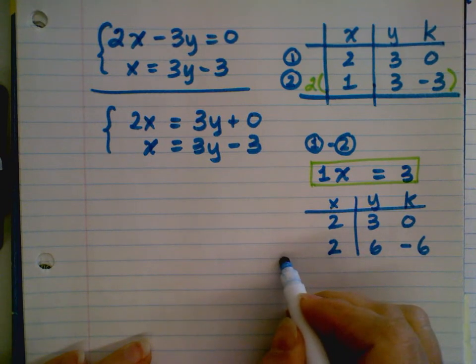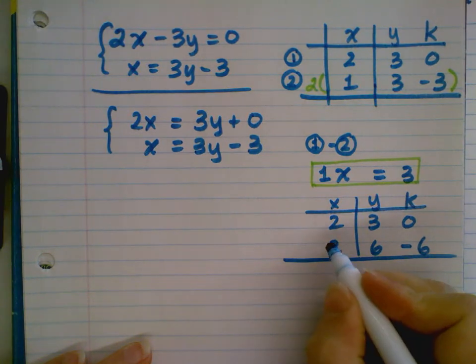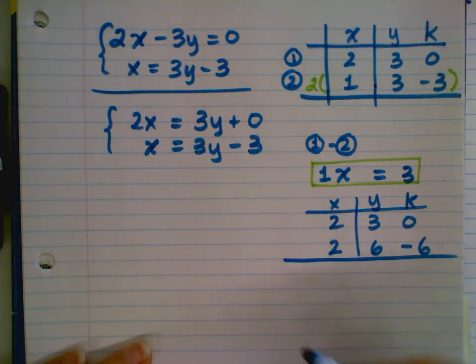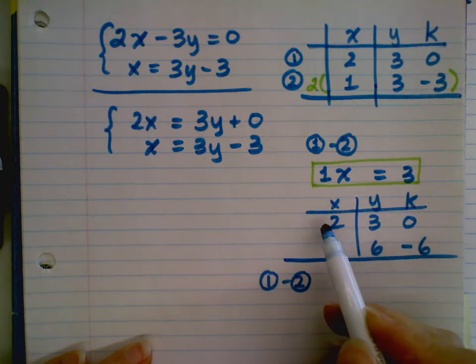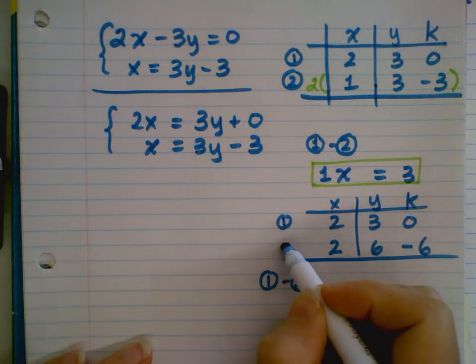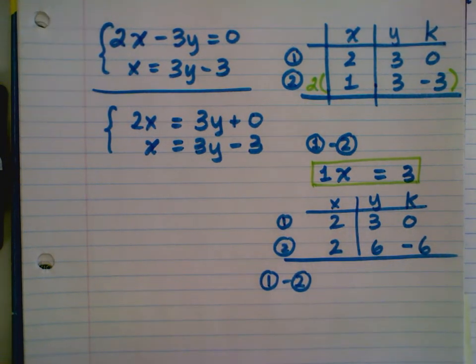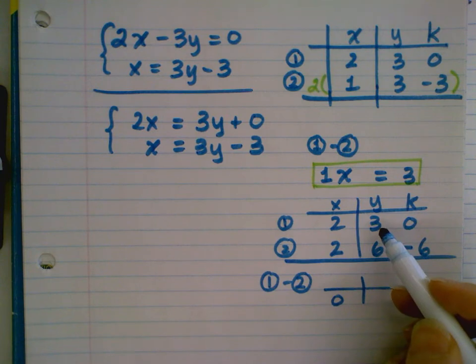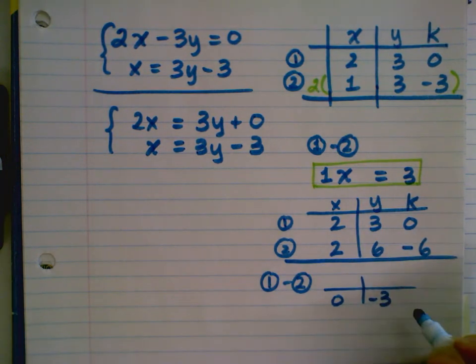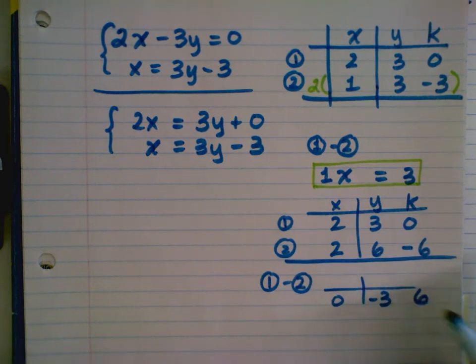All right, so now if I subtract, again, equation 1 minus equation 2, the x's will be eliminated. I could solve for y. I would end up with 0 here. I would end up with -3. And 0 minus -6 is just 6.